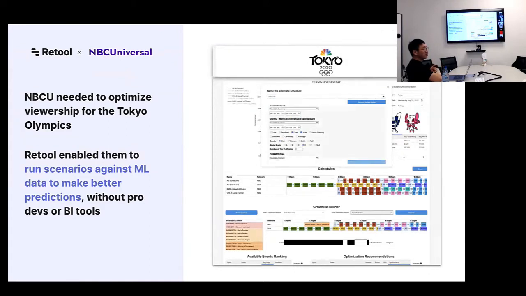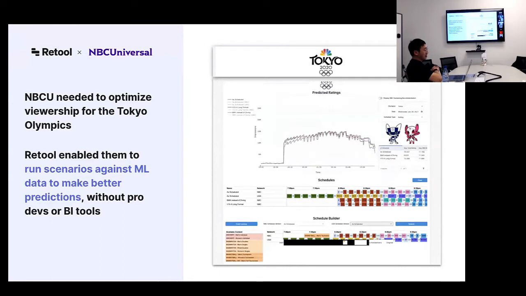So they use these models and visualizations built on top of Retool to see which games they should forecast. And they can use this ML data to make better decisions, which result in huge impact, not just money-wise, but also on how the whole world can view the Olympics.